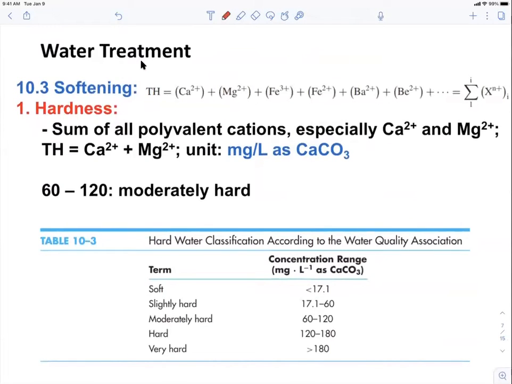As we have said, although the total hardness is the sum of all the polyvalent ions, we found that calcium and magnesium occupy most of these hardness species. So another way to calculate the total hardness is to just add these two together and show them as milligram per liter or millimole per liter, either molarity or equivalent mass concentration as calcium carbonate.